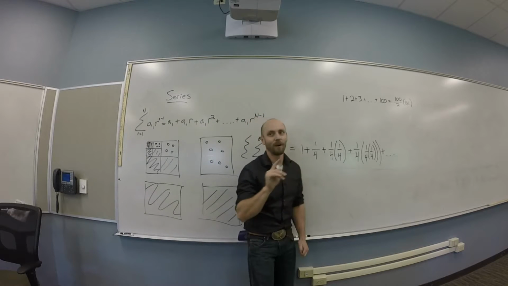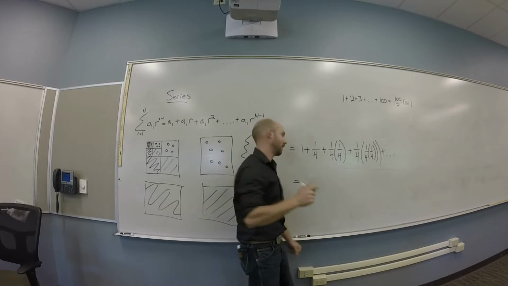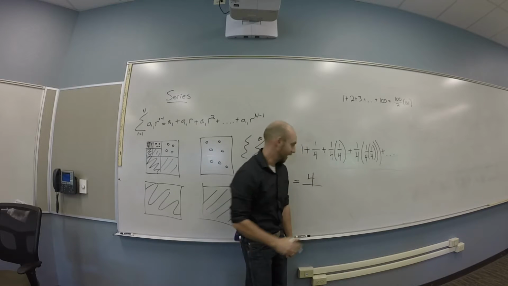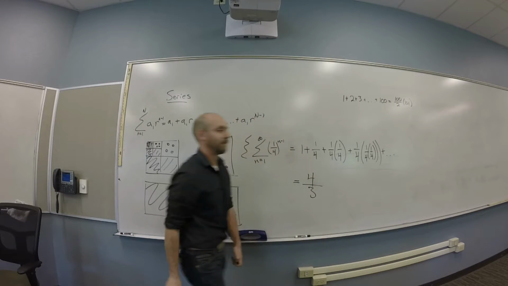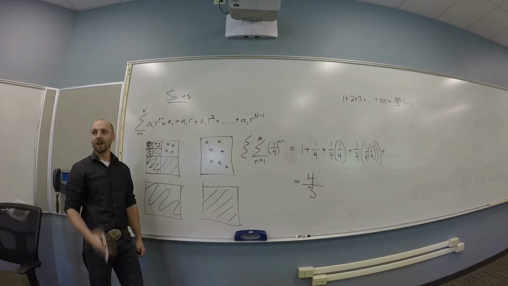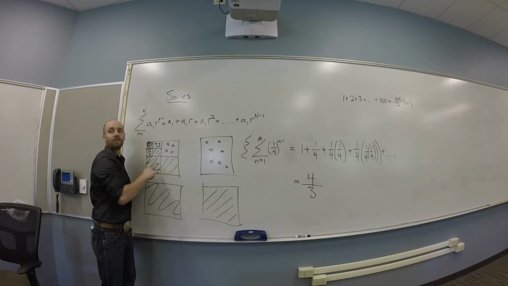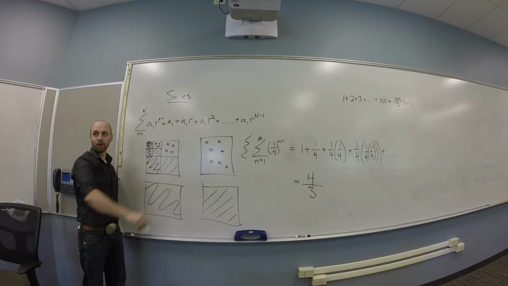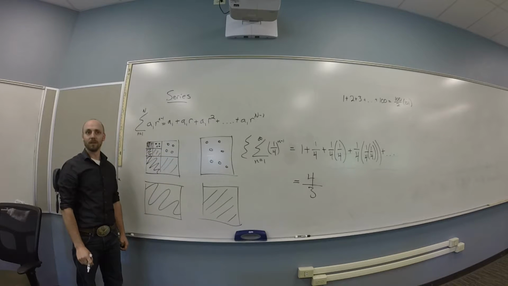How many things did I have to start with? 4. And how many patterns did I split them amongst? 3. I allocated those 4 boxes equally among the squiggles, the hashies, and the polka dots. You guys see that?